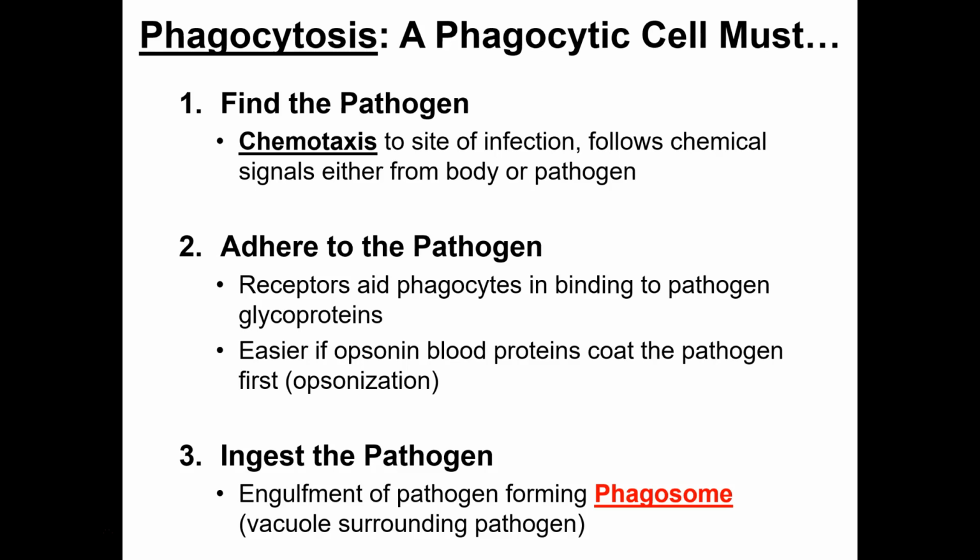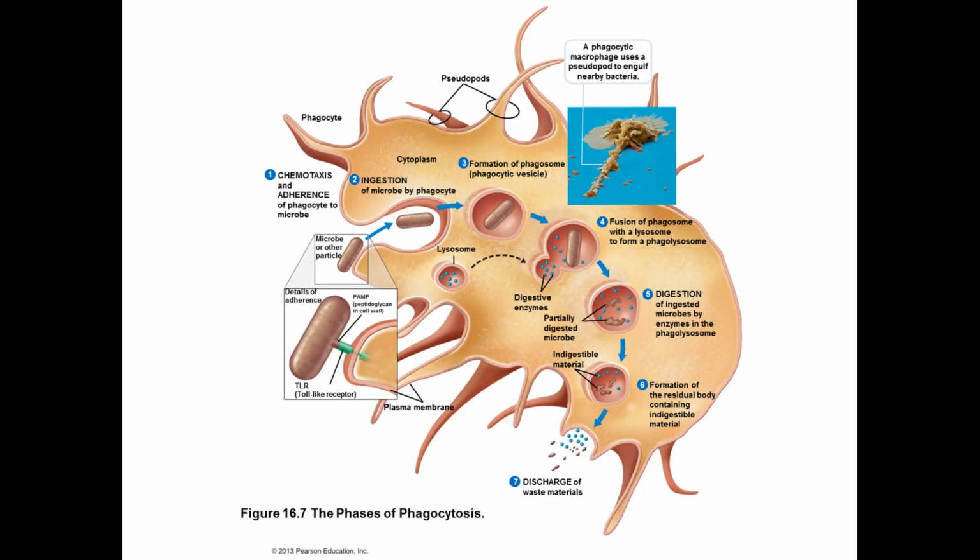What next? Adherence. They need to grab the pathogen. There's a number of other receptors on the white blood cells that allow them to grab onto pathogens. For instance, you can see here, it's using whatever that green receptor is to grab onto the surface of that bacterial cell. Now, some pathogens can defend themselves from this. Remember capsules from way back when?